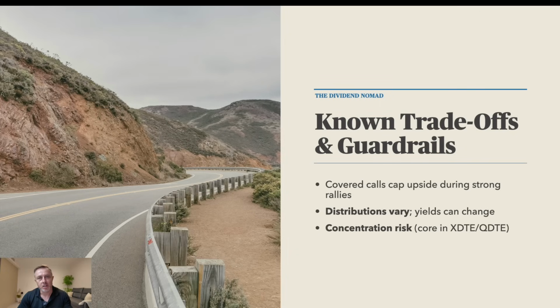There is a concentration risk, kind of, I guess. Like my core is XDTE and QDTE, which is 70 to 80% of the portfolio. So if there's a stock market crash, then my portfolio is going to crash. But on the flip side of that, if I had a single stock like Tesla or whatever, and the stock market crashes, that stock is going to crash too, right?